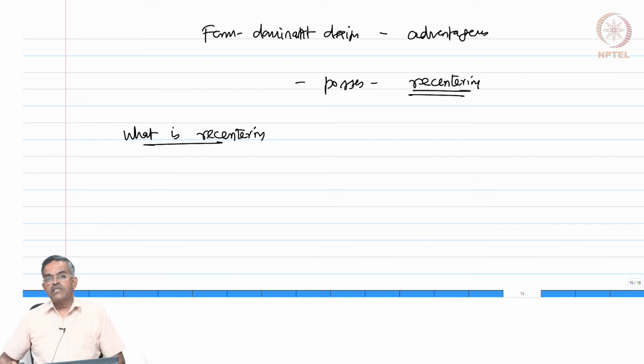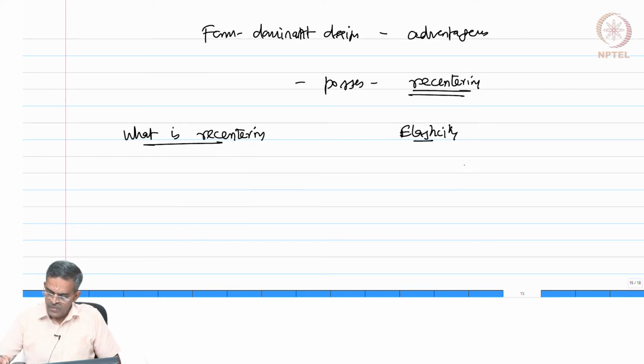Before we understand what is recentering, let us talk about what is elasticity. Elasticity is a property of the material which enables it to regain its original shape and size upon removal of load. A simple example could be a bar.